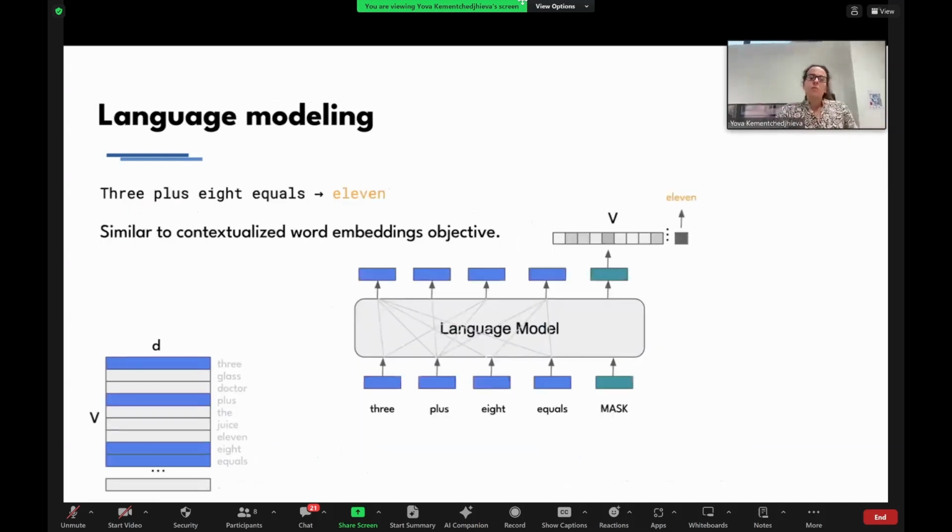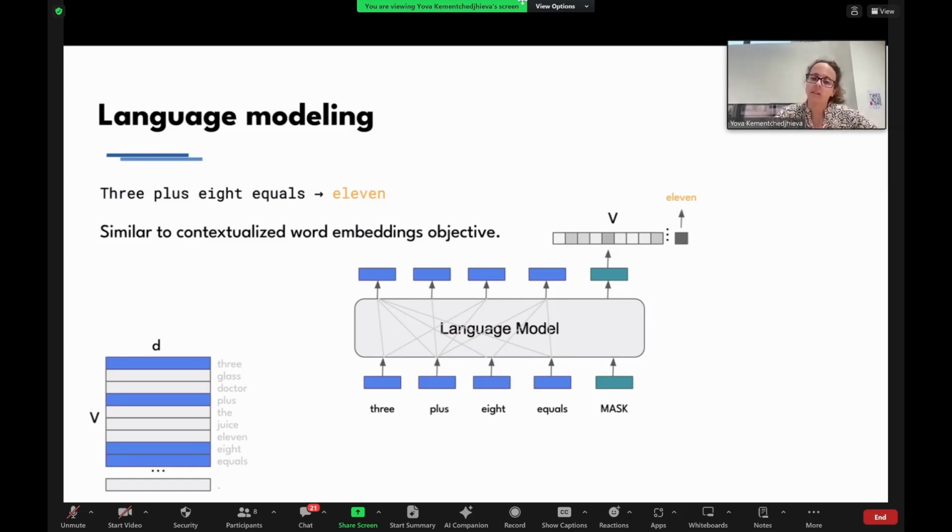And we've made our way back to language modeling, which is where we started. So how do we go about predicting the word 11 from 3 plus 8 equals? Well, we can conceptualize this similarly to how contextualized word embeddings are trained. You can almost imagine that we solve the same objective as in contextualized word embedding training, but we always put the mask token at the end of the sequence.